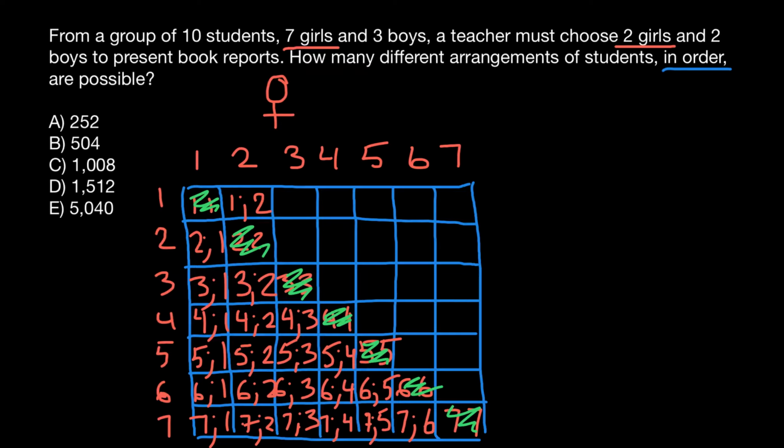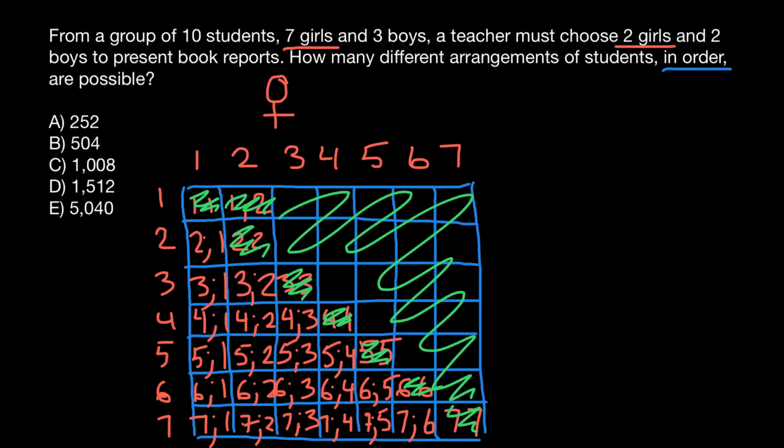But again, take a look, order does matter. So we also have to count all these variants, but I'm not going to do it right now. We will do it later. So for now, all these variants also don't matter. What matters is the number of these unique combinations.